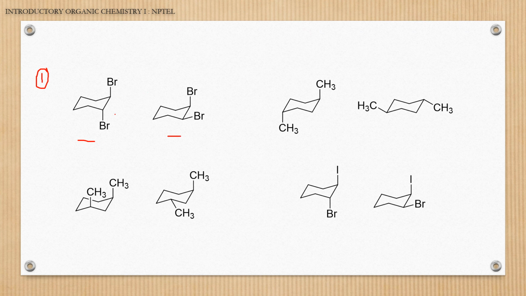Anyone has any doubt in cis and trans, how they are drawing it? Okay, no. So now you have to compare the stability. Can anyone tell me which is more stable among these two? Trans. Anyone saying cis? You guys are intelligent then.